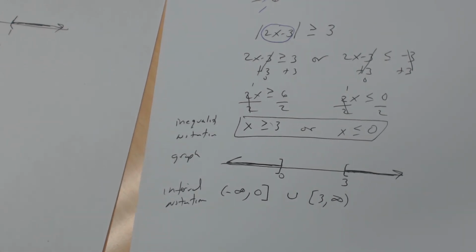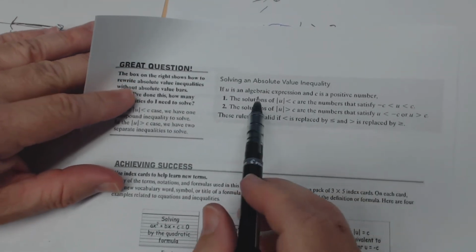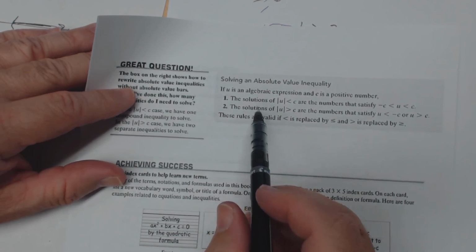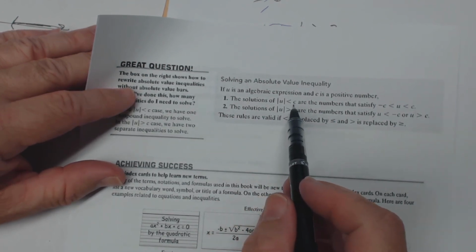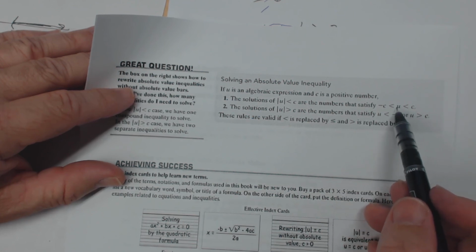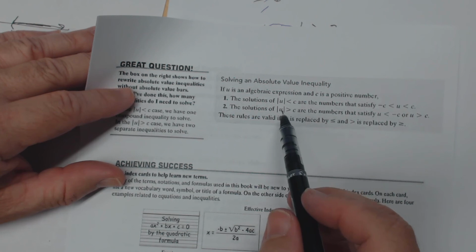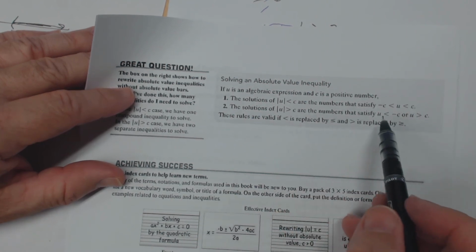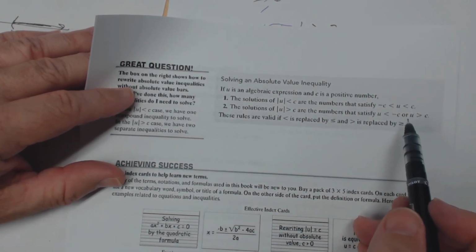So in terms of the handouts that went with this section, remember, the absolute value of u is less than c, you're going to write as one statement, so use between c and negative c. If it's absolute value greater than, you're going to write as two separate statements with the word or.